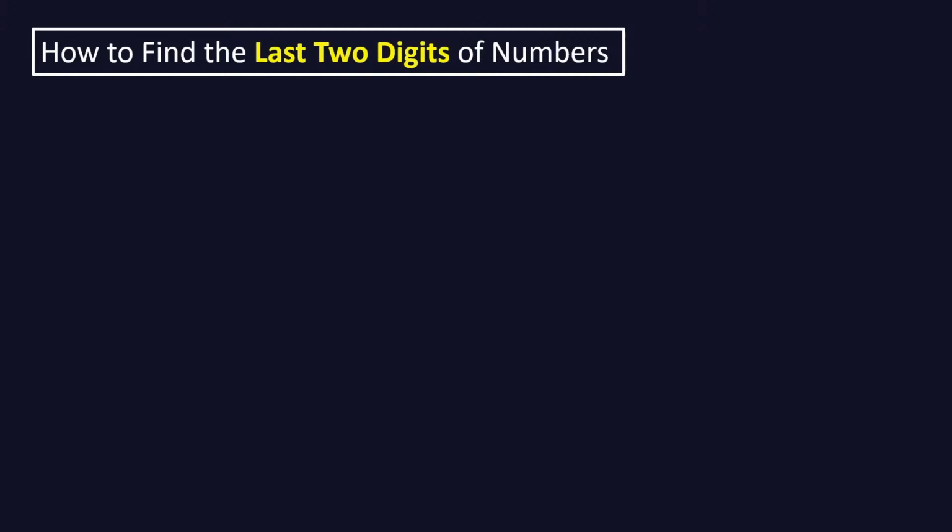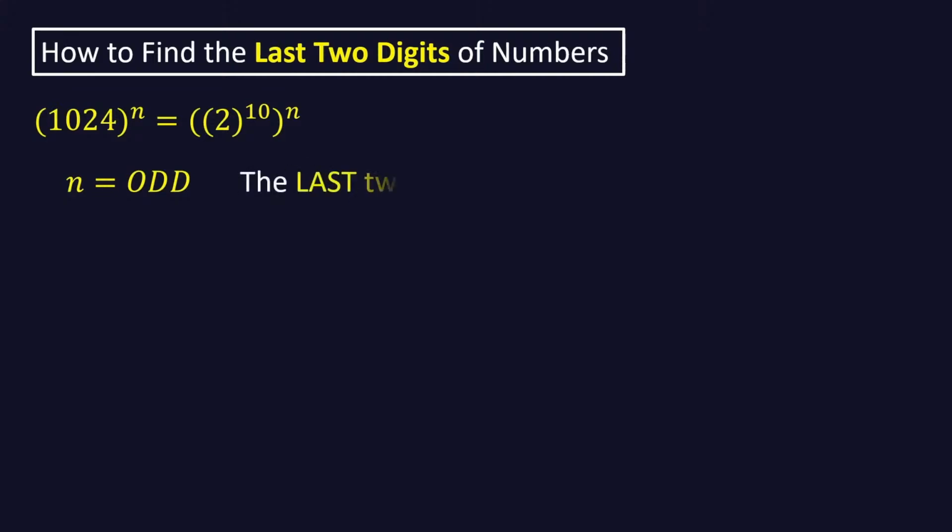One is 1024. What is the speciality of 1024? Because this number can be expressed as 2 to the power 10. Now if the exponent n is odd, then the last two digits of that number will be 24.